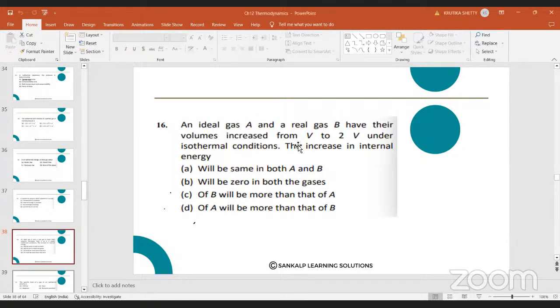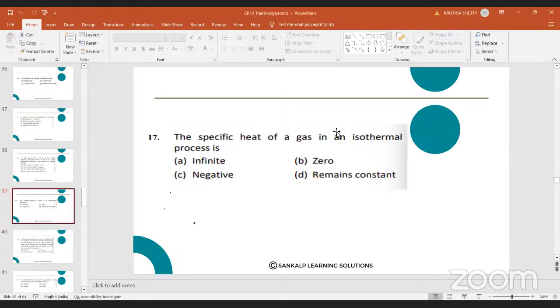Next, the specific heat of gas in an isothermal process is. So specific heat is given by S is equal to... Option D, ma'am, remains constant. See here, the specific heat is given by what?